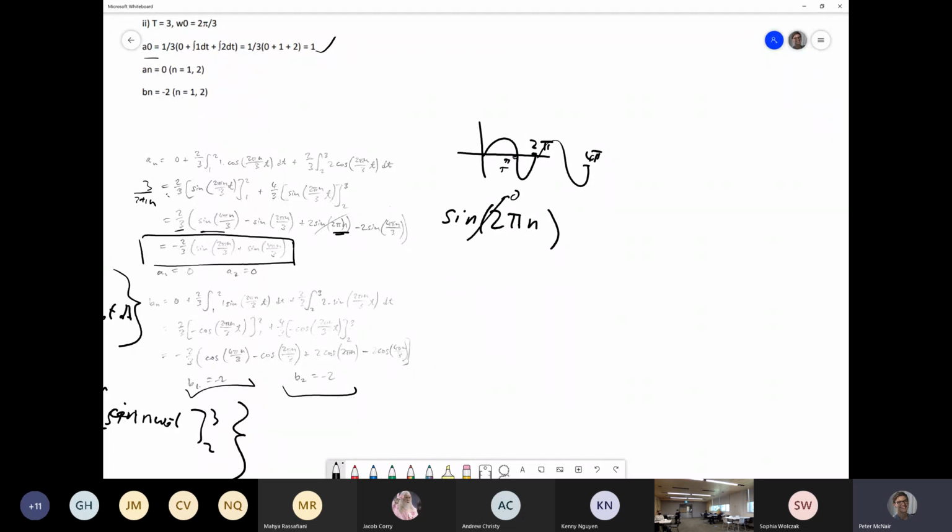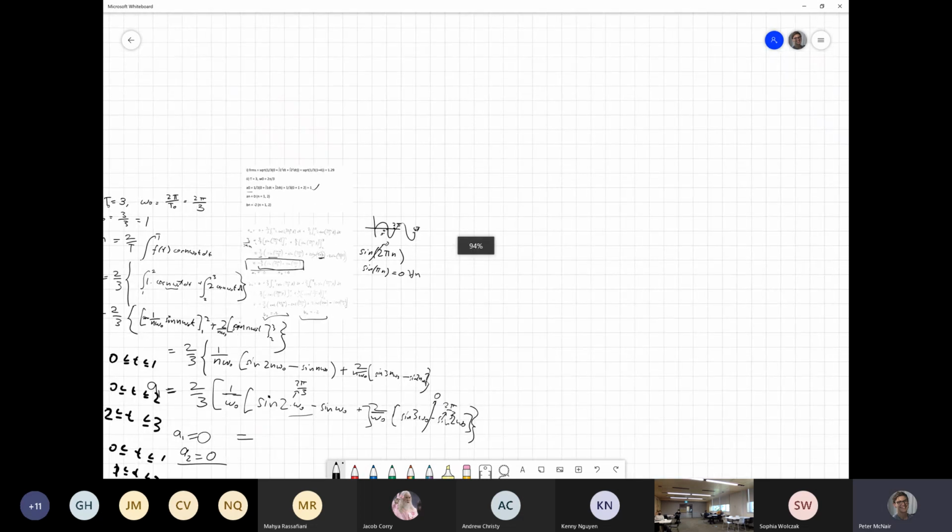If you had sine of pi n, that's just going to be equal to 0 for all n, because that's 0, pi, 2 pi, 3 pi, 4 pi, always 0. And then same for cosine. And then you should be able to get a neater expression to then sub into. I don't recommend trying to sub into big expressions like this. So that's how we would do that one.